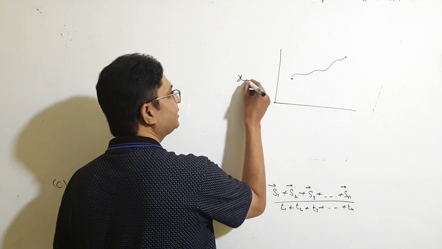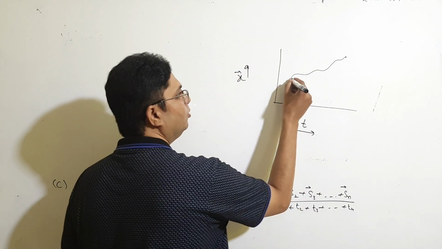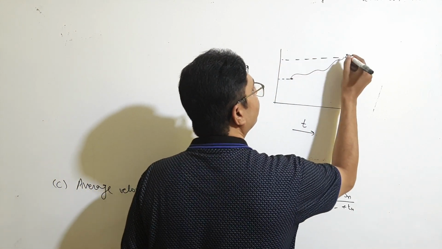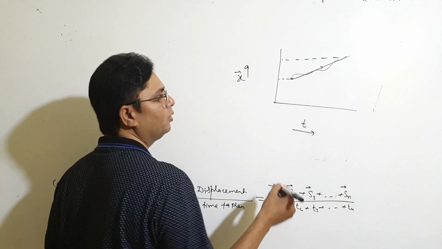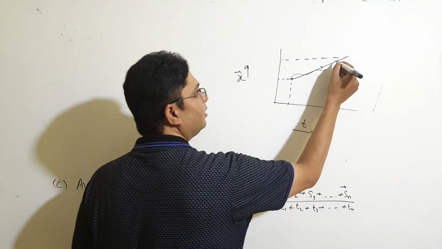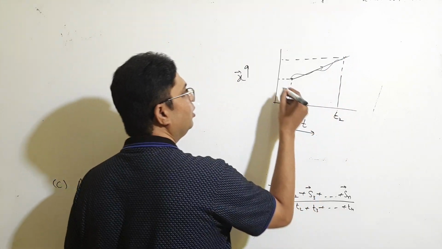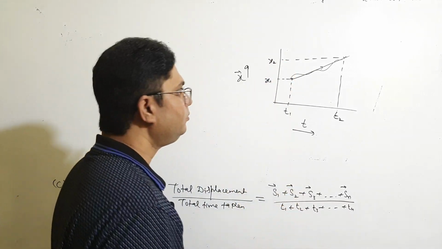Then this is x displacement, this is time t. So this is the initial point, this is the final point. Join them, this is said to be the displacement. Drop this line here, drop this line here. This is time t1, this is time t2, this is x1, this is x2.